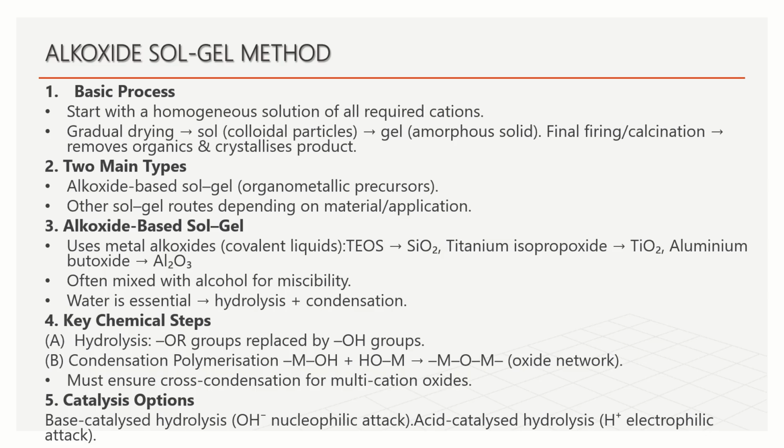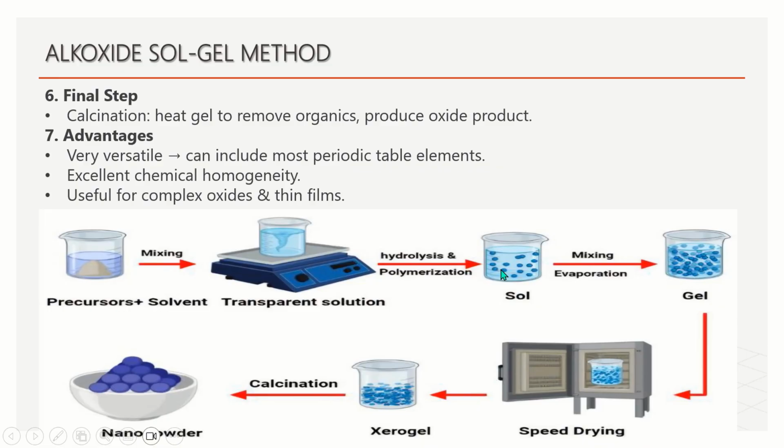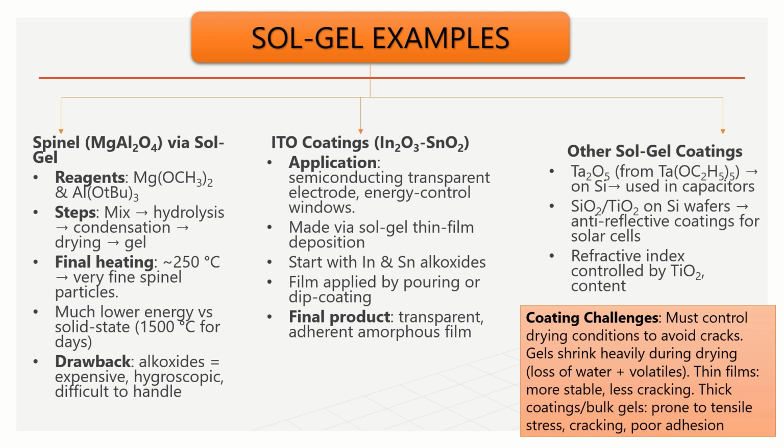So an example of alkoxides is MgAl2O4 synthesis using the sol gel method. In this method, we take magnesium methoxide and aluminium butoxide.